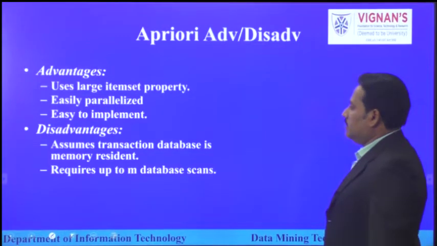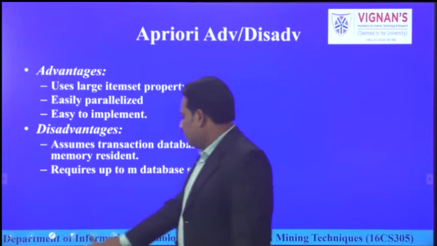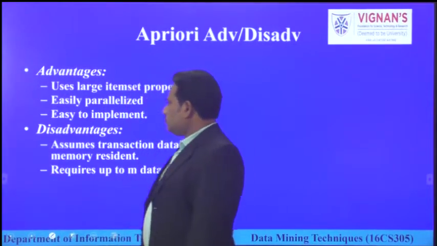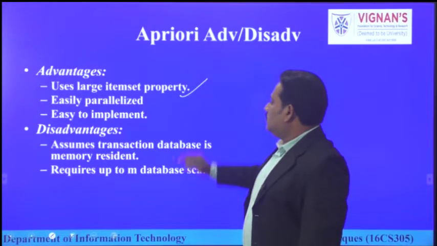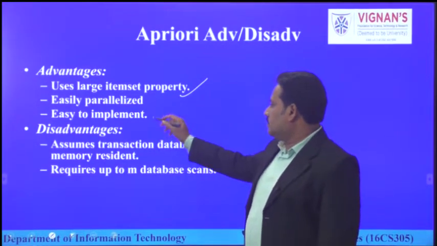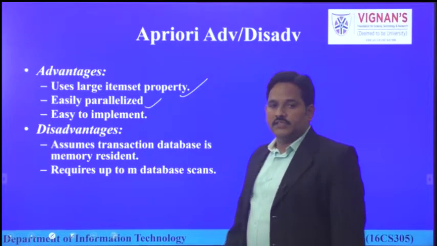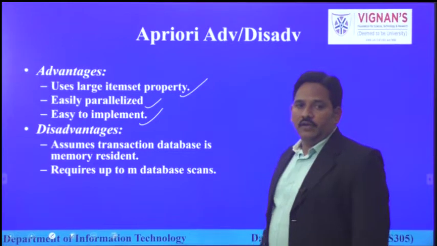Now, what are the advantages of the Apriori algorithm and what are the disadvantages? We'll see. One of the main advantages is that we can use the large item set property. That means we can generate large item sets, using a parallelized concept. It is very easy to implement in real-time applications.